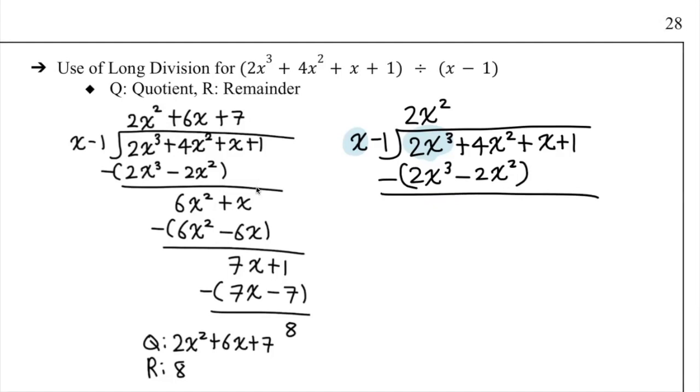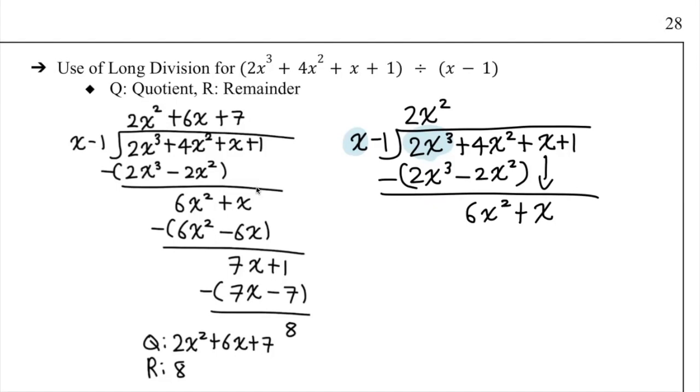Then you're going to get 0, and because it's minus minus, it turns into plus. You're going to have 6x squared. And if you lower this, you get plus x. Just like the first time, you're going to think, how can we get 6x squared from x?